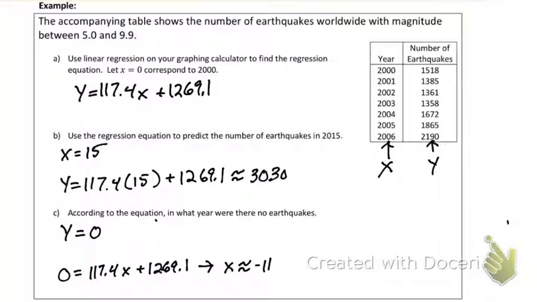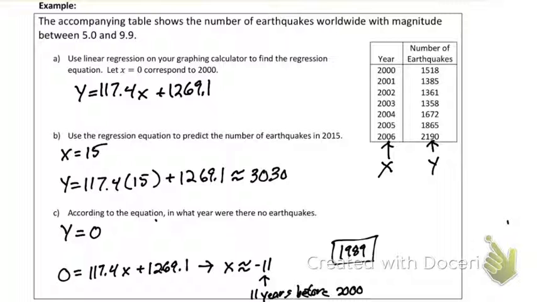What does x being negative 11 mean in this problem? Yes? It's 11 years before 2000, so 1989. That's 11 years before 2000. So our answer would be 1989.